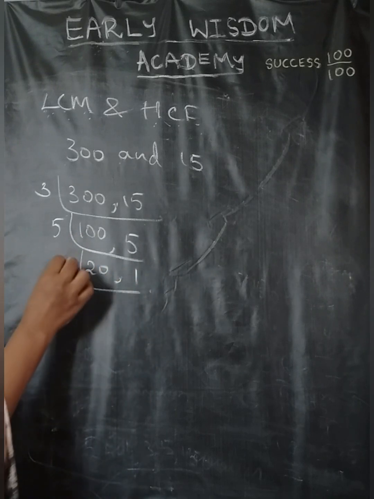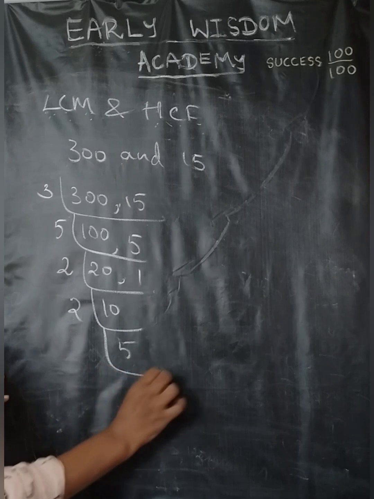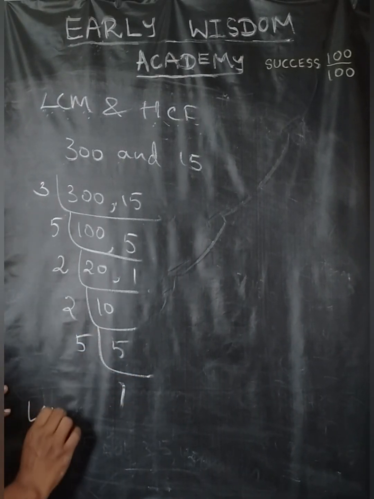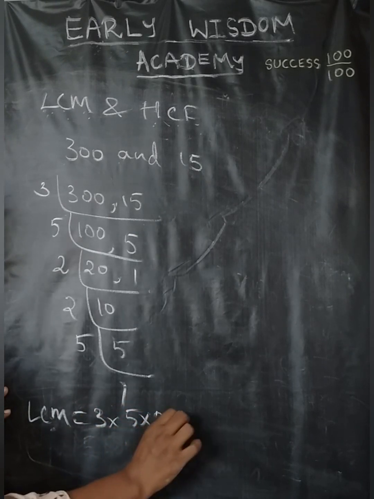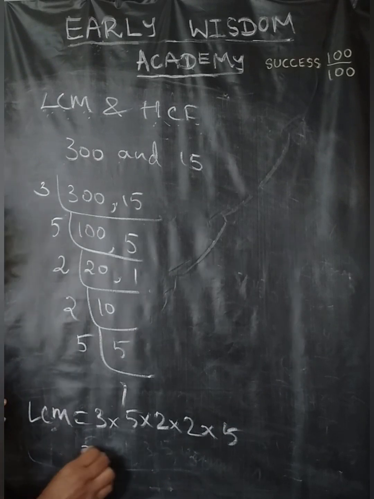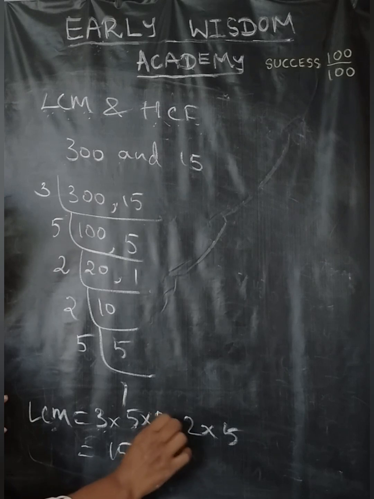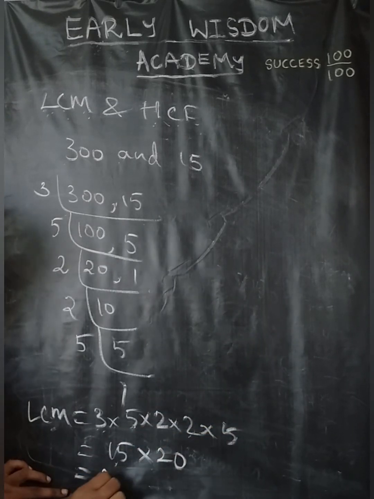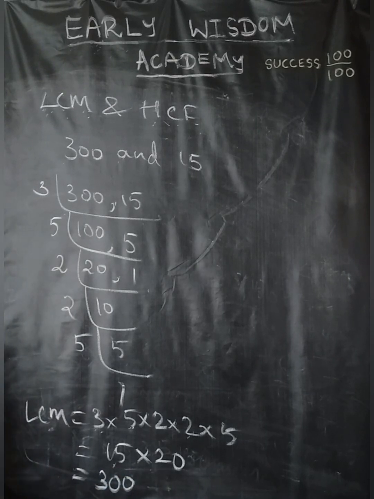Then 20 is divisible by 2: 2 10s are 20, and 5 and 1. So LCM is equal to 3 into 5 into 2 into 2 into 5. On multiplying this: 5 3s are 15, 2 2s are 4, 4 15s are 60, 5 60s are 300.